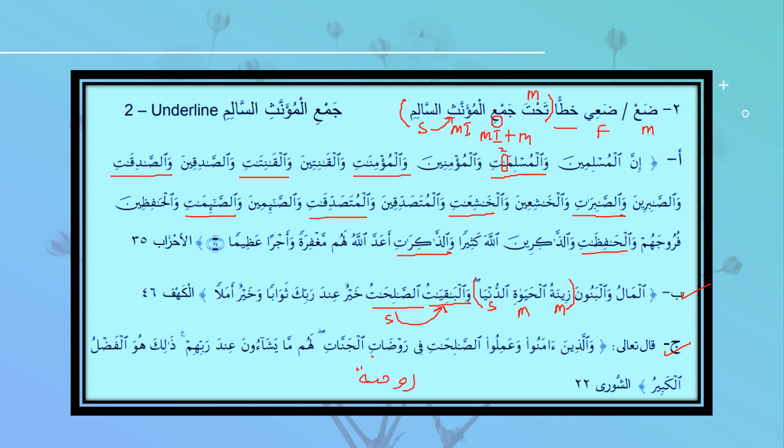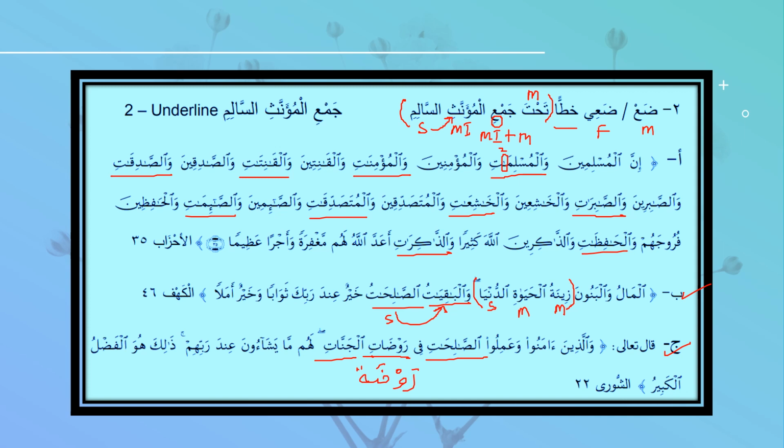Rauda means garden, and it's also called the Rauda of Sallallahu Alaihi Wasallam, means where he is buried, is also called as Rauda, means the garden. And we have Jama Muannas as Salihat and Raudat, Jannat. All these are Jama Muannas.